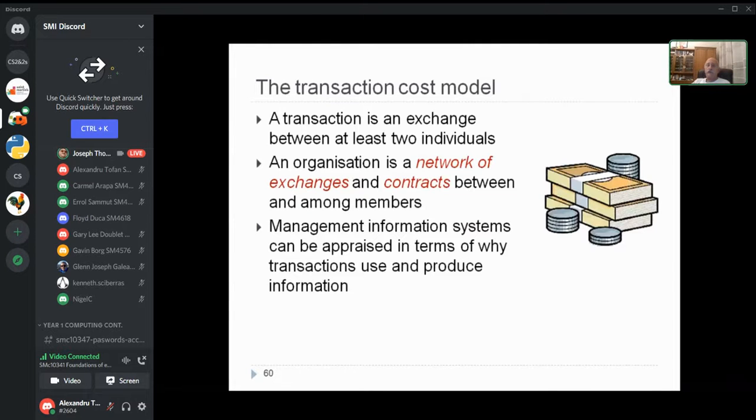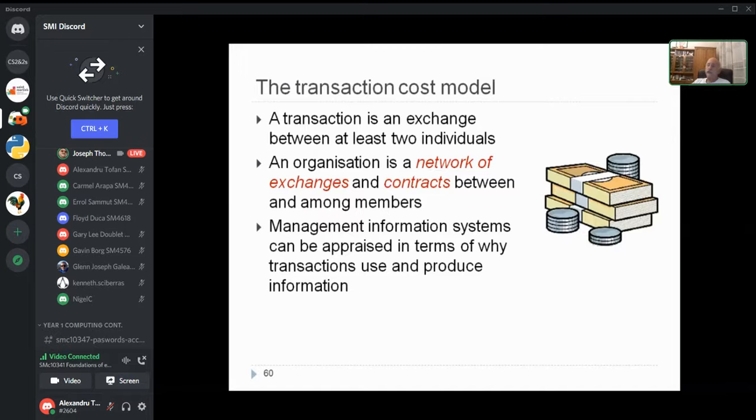Now, with the transaction cost model, a transaction is an exchange between at least two individuals. There have to be two parties to the transaction: buyer and seller, supplier and customer. And an organization is a network of exchanges and contracts between and among members.